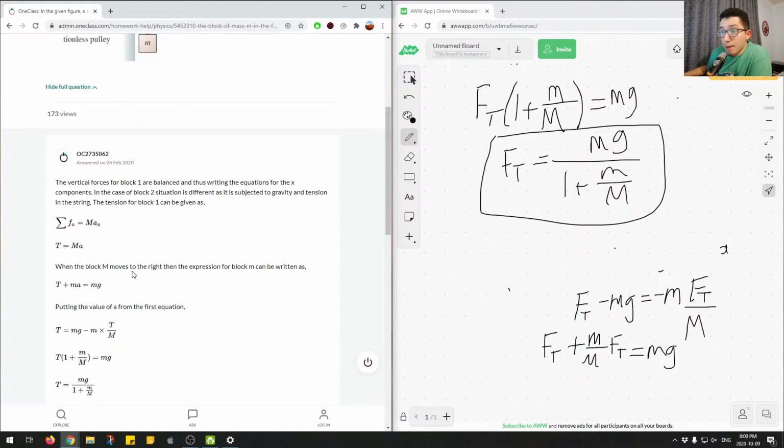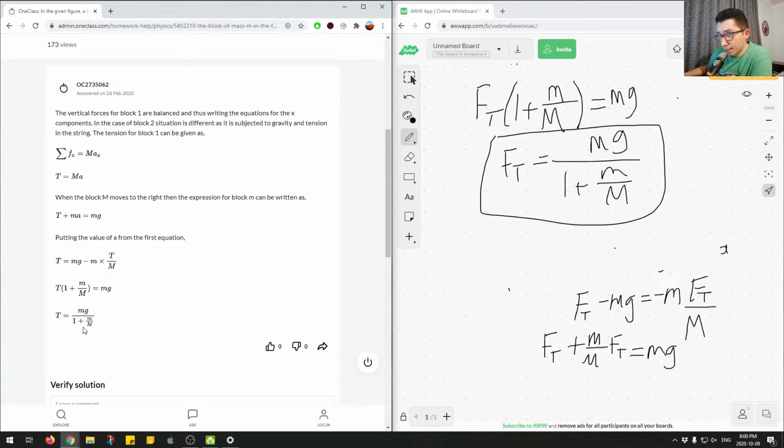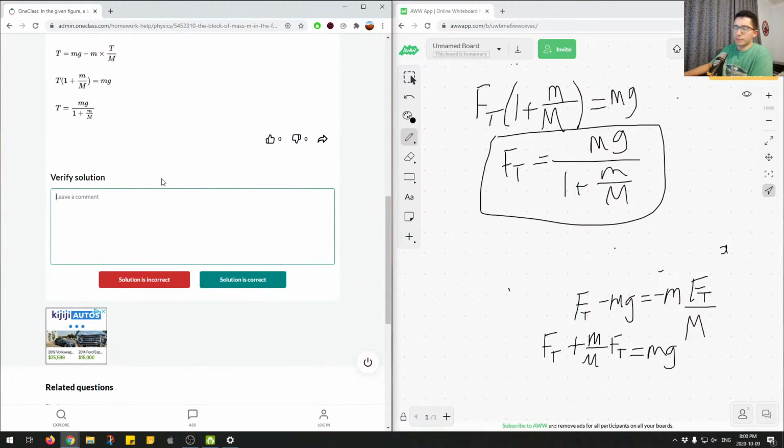And when the block m moves to the right, then the expression for block m, the lowercase m, can be written as follows, and that's kind of what we derived. And then they end up with tension. So they do the same substitution and the same manipulation of the equation to get to the final answer. So this answer is correct. Great job. So we'll mark that as correct.